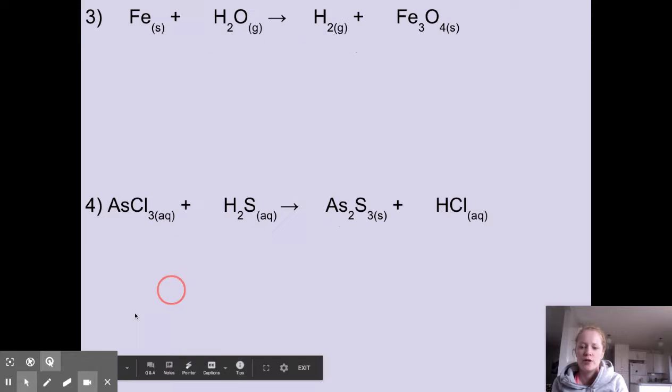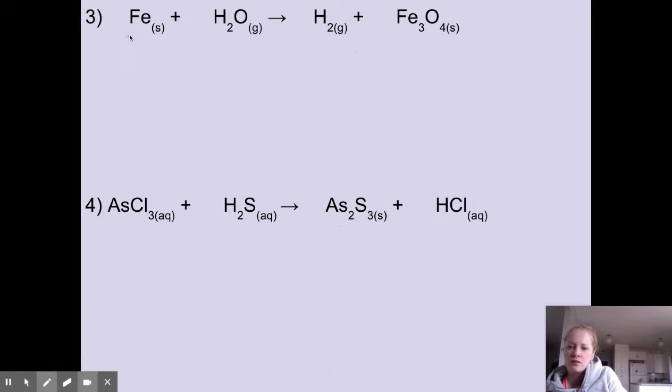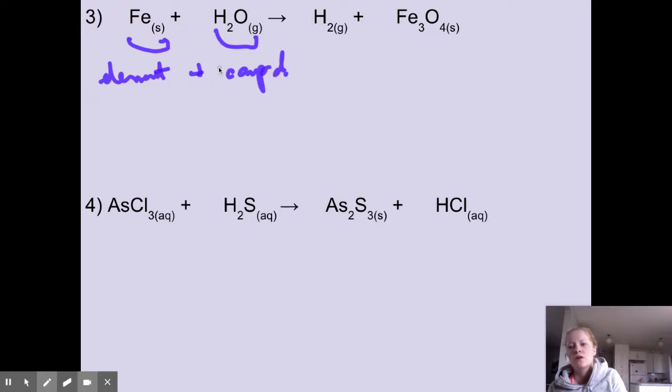Okay, number 3, you'll notice I have an element here, but then I have a compound. So an element and a compound. Oxygen is not present here. It's not a hydrocarbon present here. So once I see an element and a compound, I'm going to just notice, pay attention, because this is where I'm going to take you.